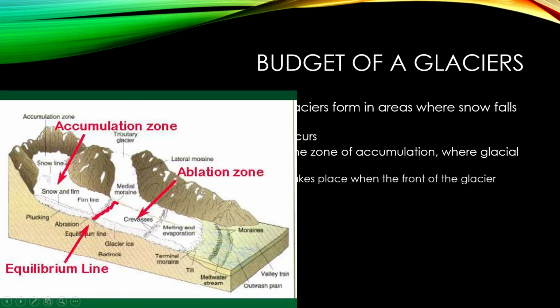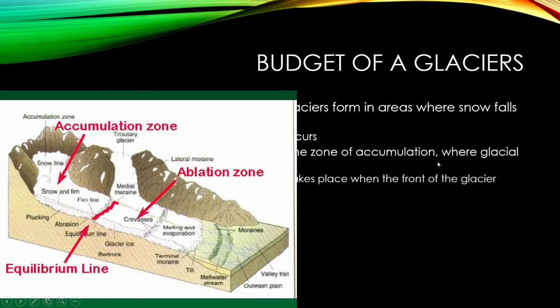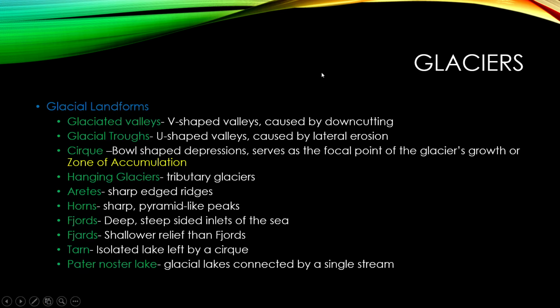Your cirque and your snow are where your zone of accumulation is, and the zone of ablation, sorry, is your zone of wastage, and this is the process of calving where your glacier meets the sea.